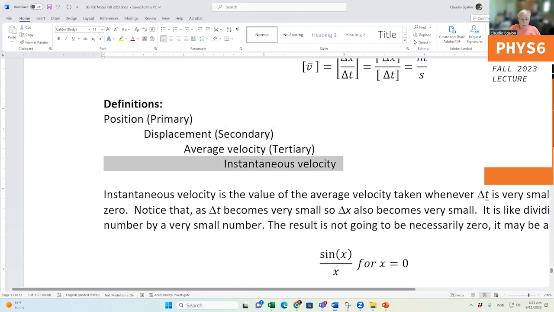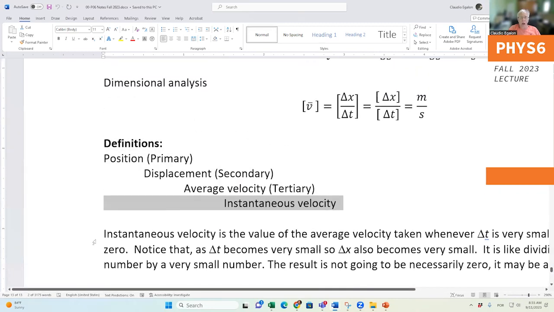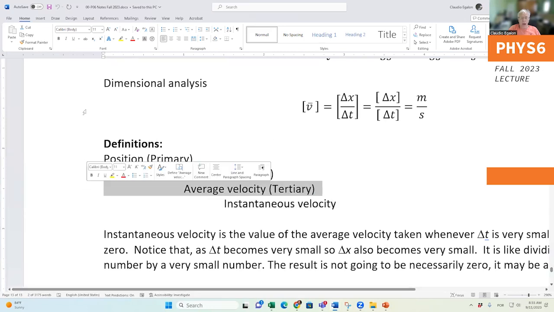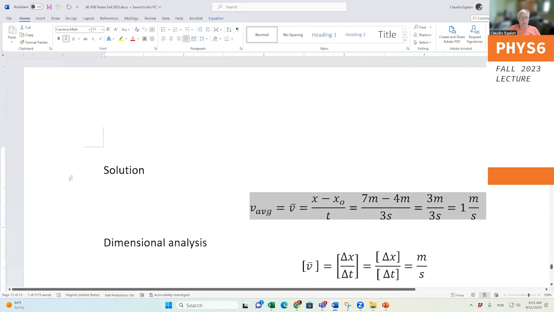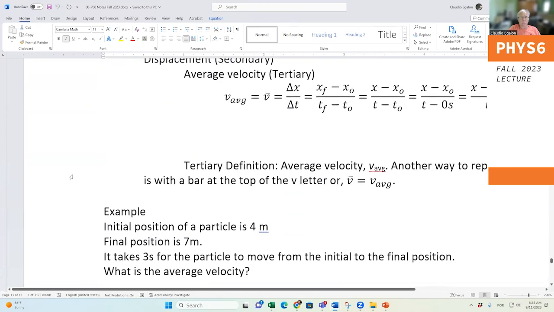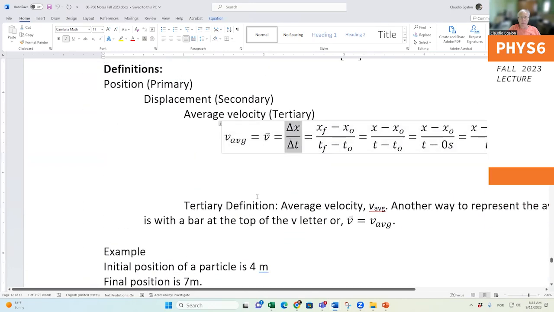And I want you to pay special attention here to the definition of instantaneous velocity. Average velocity is defined like you saw before: delta x over delta t. Instantaneous velocity is the velocity at the very instant. At the very instant means what?